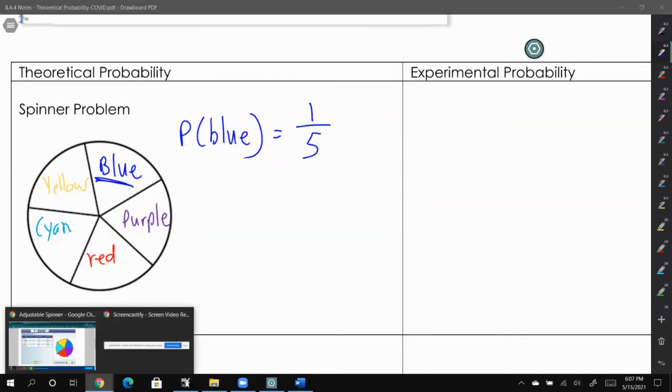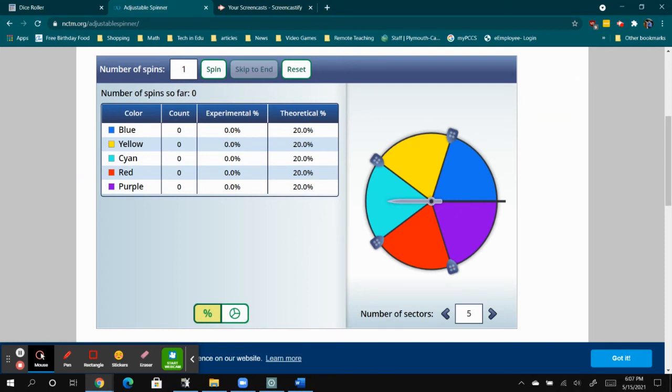Now let's spin this 5 times. And you can see this chart, this table here, is going to give us the experimental and theoretical probability. The theoretical probability is 20% for all of them because we have 5 sectors and they're all equal area.